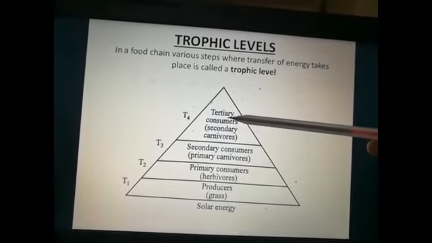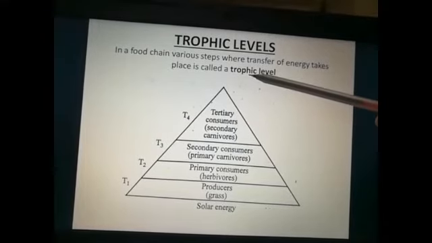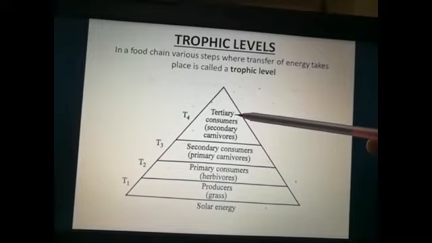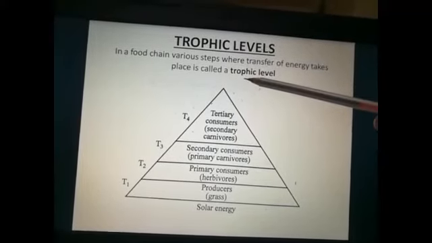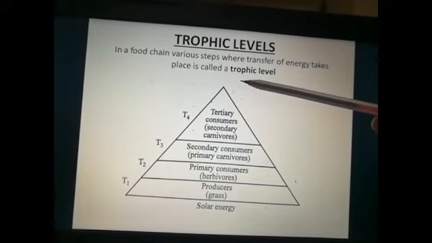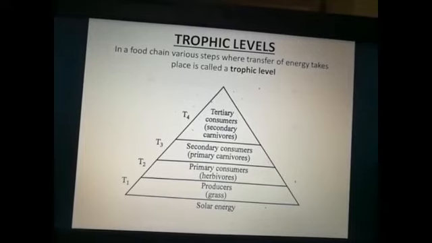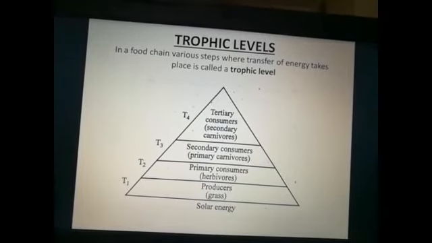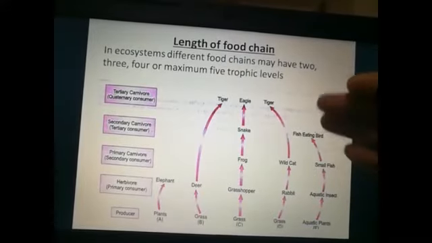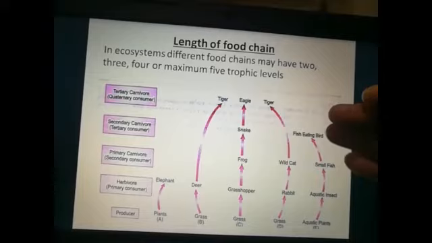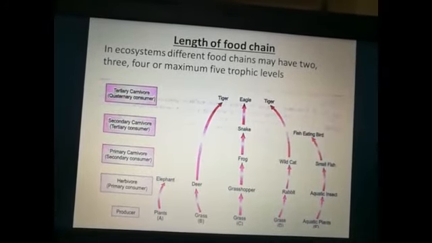If the food chain is bigger than this, tertiary consumers or secondary carnivorous animals will be consumed by the quaternary consumers, also called top carnivorous animals. Top carnivorous animals will not be consumed by any other, and that will be the last organism of the food chain. The length of the food chain in every ecosystem may have 2, 3, 4 or maximum 5 trophic levels.